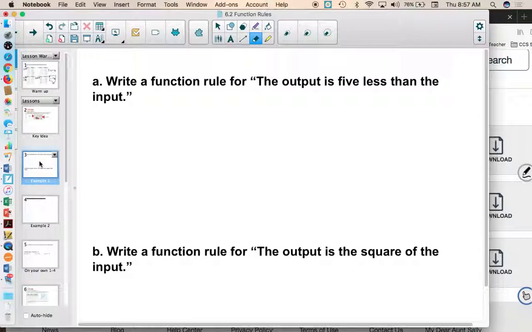Write a function rule for the output is 5 less than the input. Now when you're writing function rules, you're always going to have two variables, a y and an x. If the output is 5 less than the input, what is it actually going to be doing? What's the rule?